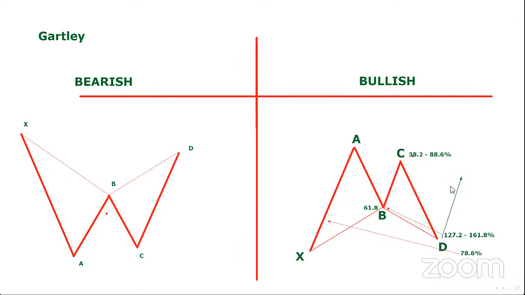And from D, this is the potential reversal zone or the potential price move of the pattern. This is why we're saying here that since this is bullish, we can go long from D. Since this is bearish, we can go short from D. Clear?